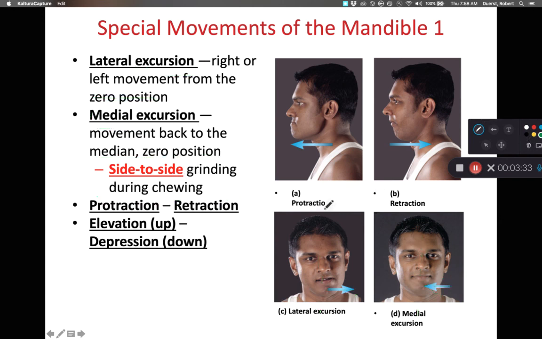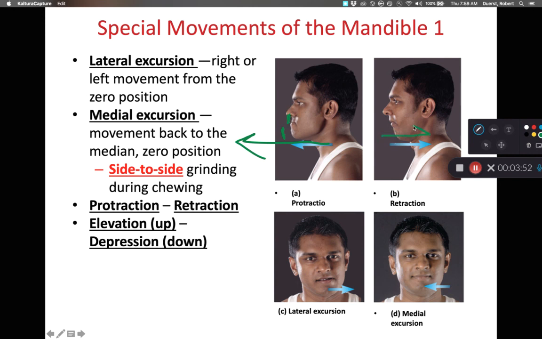We also can have protraction and retraction. To protract our mandible is to have it stick forward. So instead of having an overbite, you'd have an underbite where the lower incisors, and here's the lower incisor, would stick out more anteriorly than the upper incisors.